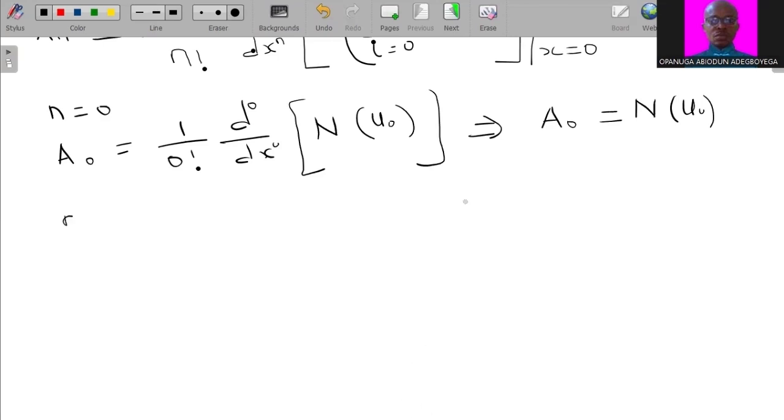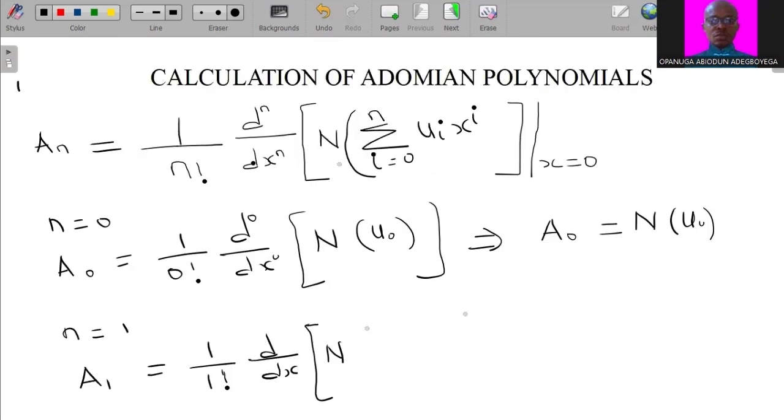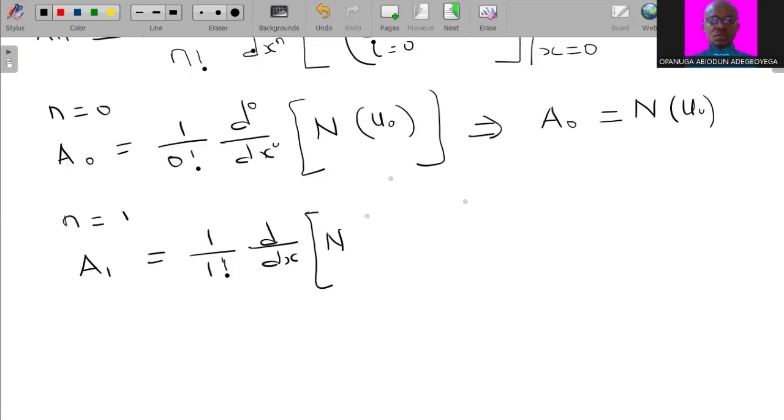Then for n equal to 1, we're going to have A_1 equals 1 over 1 factorial d/dx of N. For here, our i runs from 0 to 1. So we are going to consider when i is 0 and when i is 1 for u_i x^i. When i is 0, we have u_0 plus u_1 x.